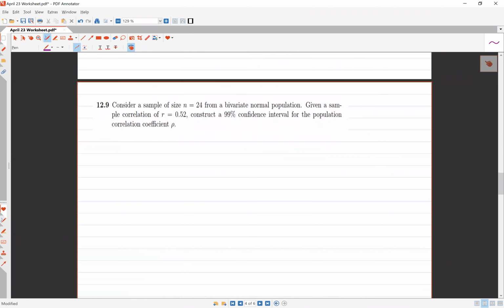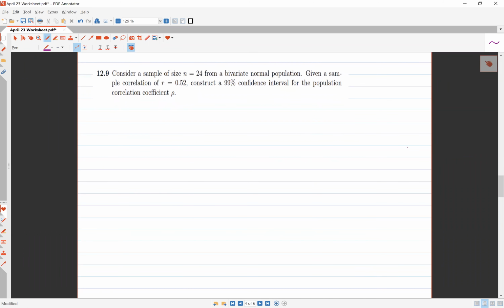Now, this exact same procedure allows us to construct confidence intervals for correlation coefficients. So let's say we have a sample of size 24. Our sample correlation is 0.52, and we want to construct a 99% confidence interval for rho, the population correlation.